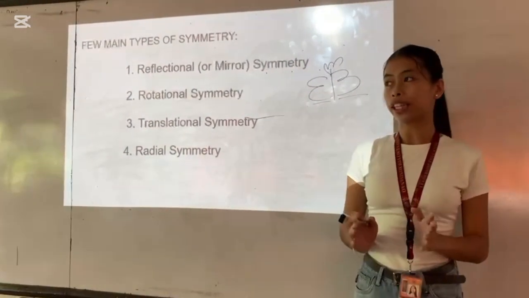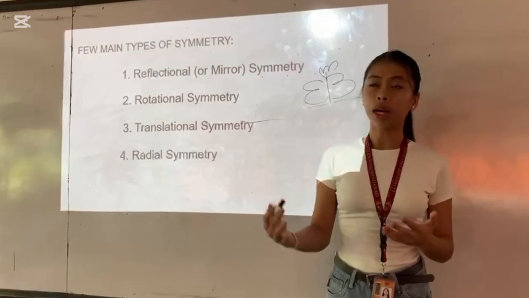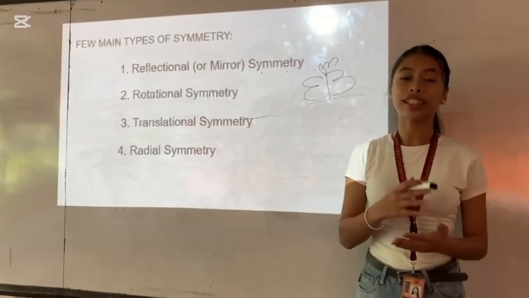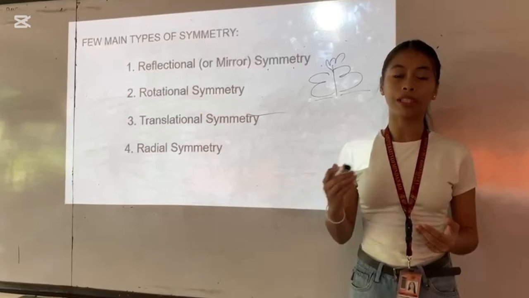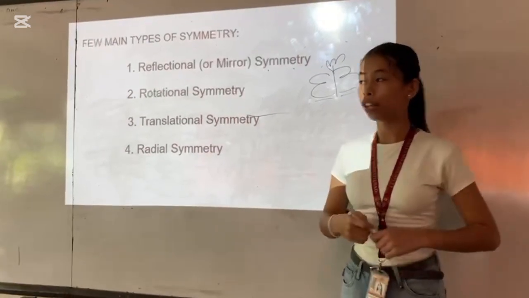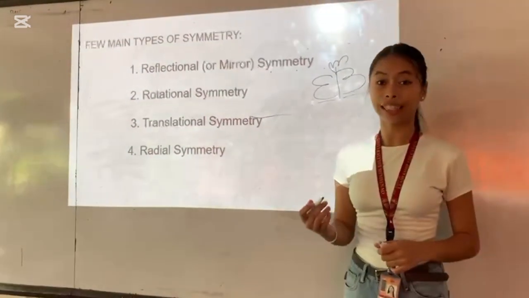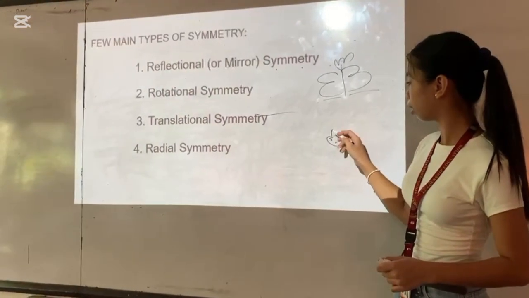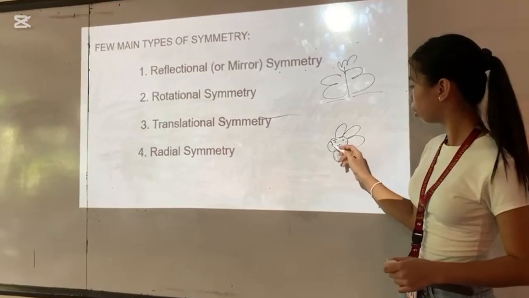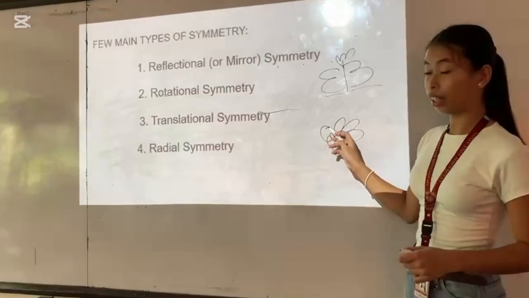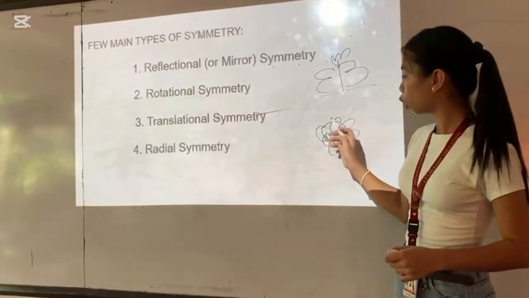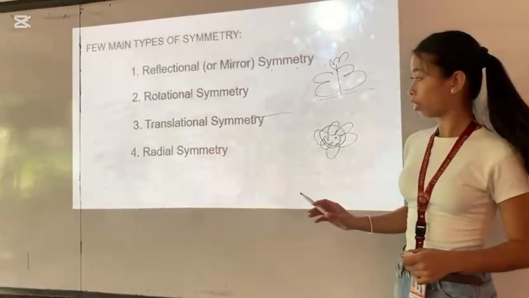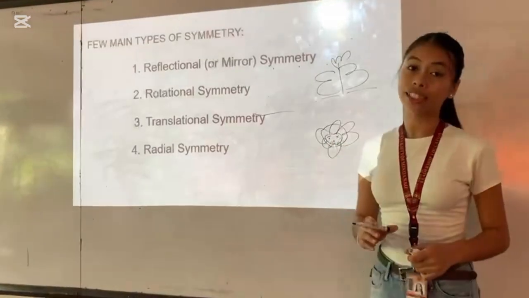Radial symmetry is when an object or figure extends outward from its central point. You can imagine a flower, specifically a sunflower. Its petals are arranged outward from its central point. This is one of the examples of radial symmetry.